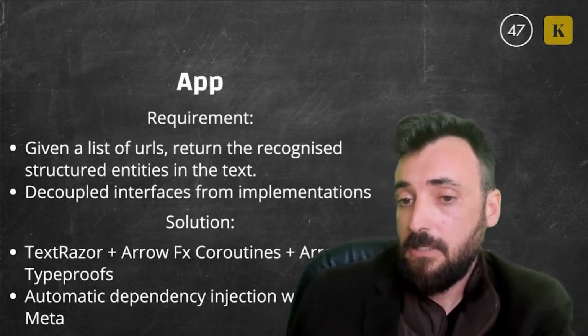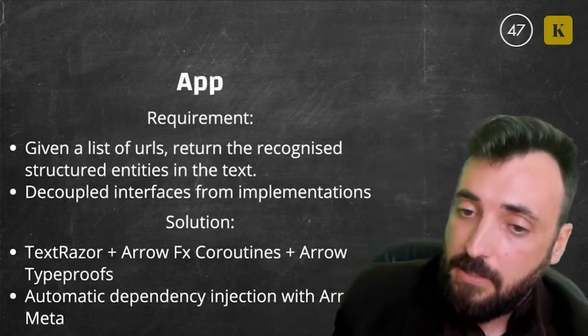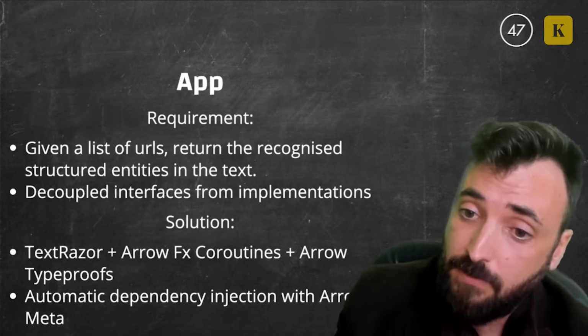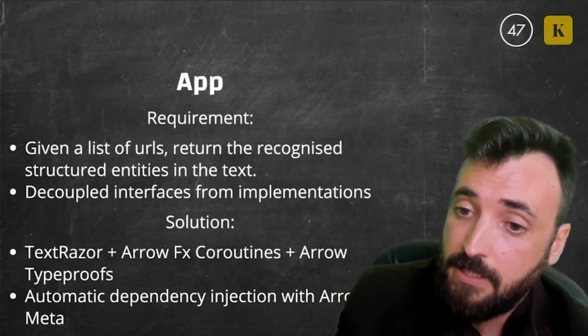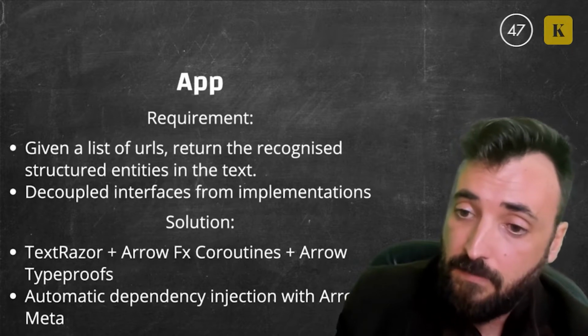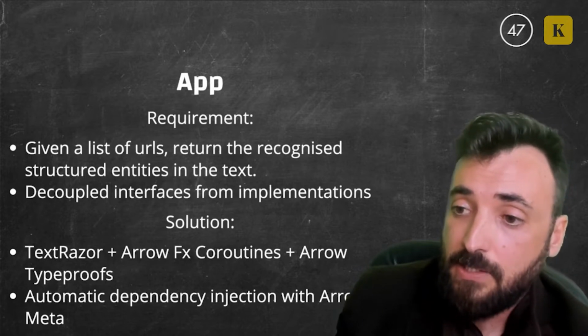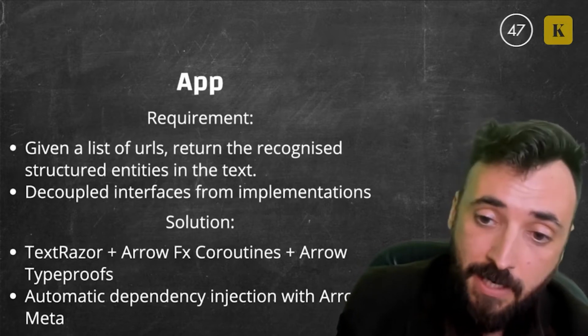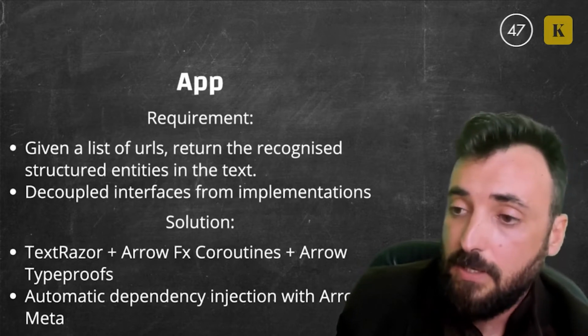This application is going to be built using the TextRacer API. We have a few requirements around it, which we will see in a second. And also, as Simon mentioned, we're going to be using the Arrow FX coroutines library, but also some of the new Arrow Meta type system features such as automatic dependency injection with the Kotlin compiler.